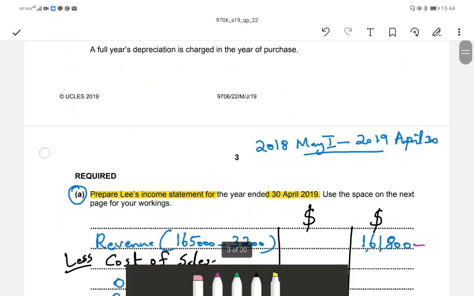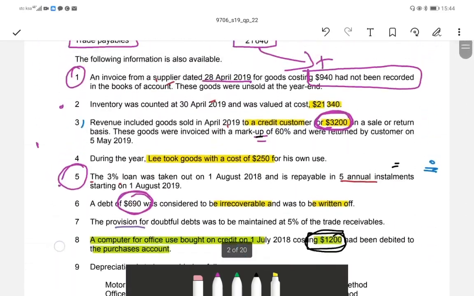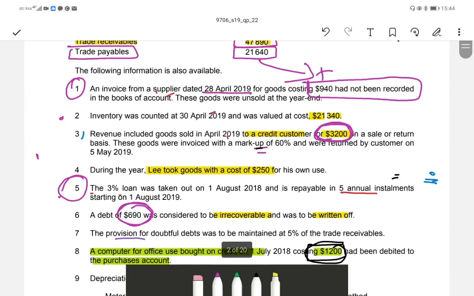The loan was taken 1st August, and repayable in 5 annual installments starting on 1st August 2019. So within 1st August 2019 they are closing the account in April 30, 2019.